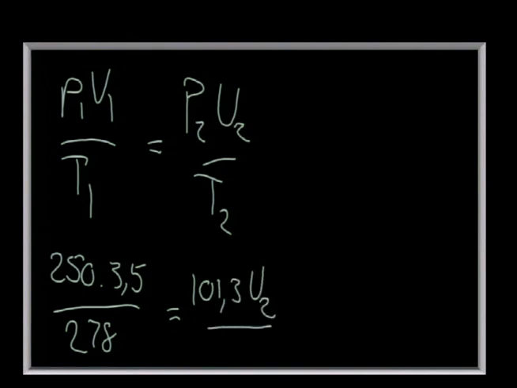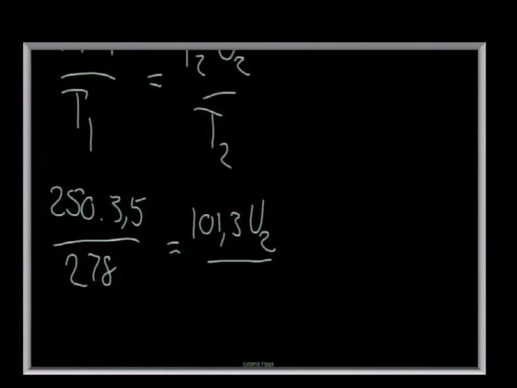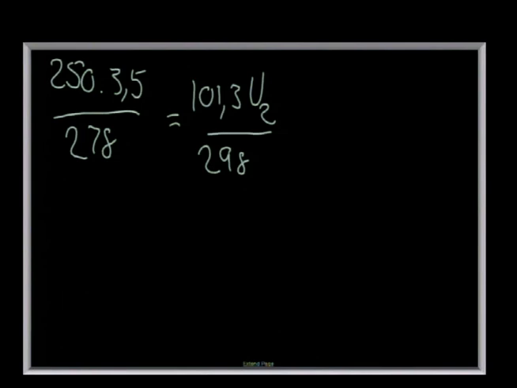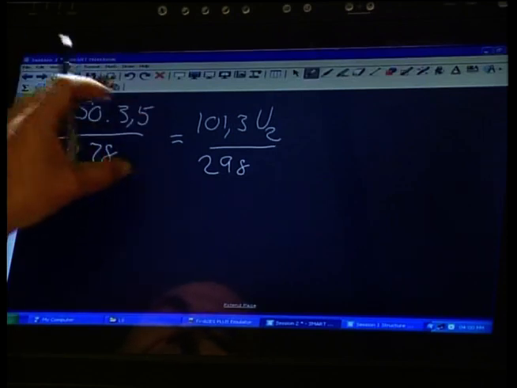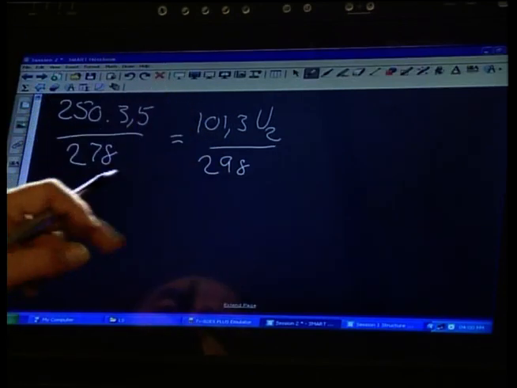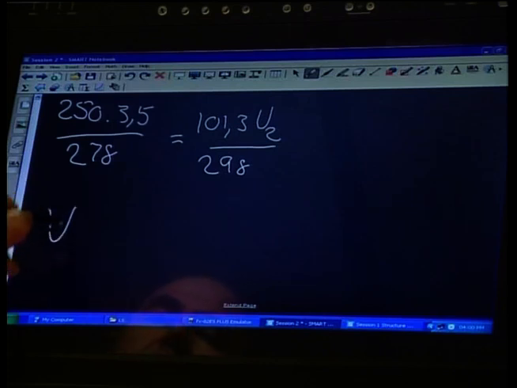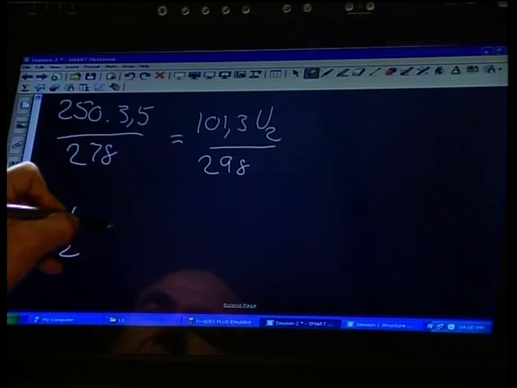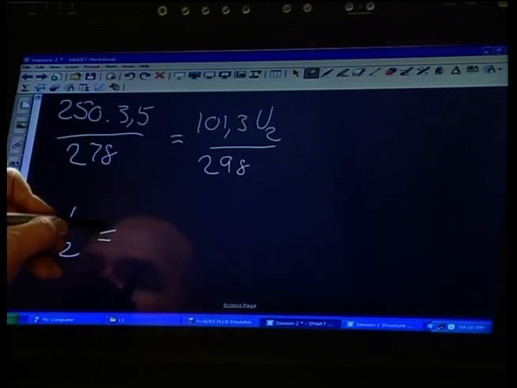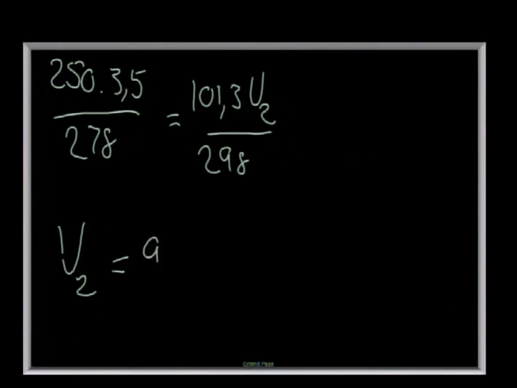Volume 2 we don't know yet, and we're going to say that the temperature was 298. Now, it doesn't take much to work this out. What you've got to do is multiply that fraction by 298 and then divide by 101,3. When you do that using a calculator, you get the volume is equal to 9,26 centimeters cubed. Very important that you put the unit in and that you get it correct.